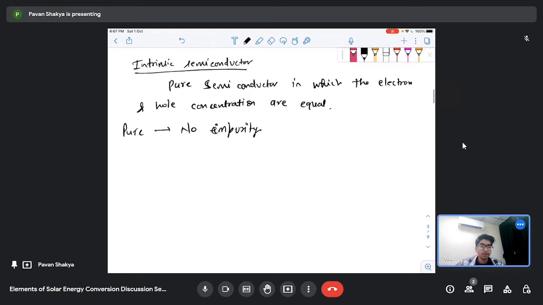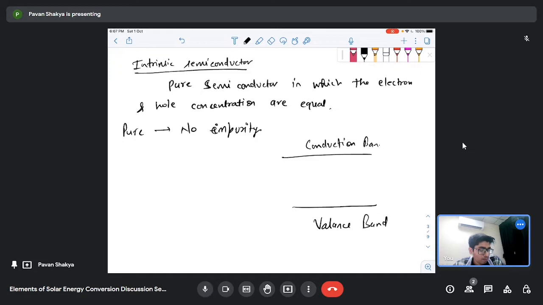So first let me draw a band diagram. Suppose this one is our valence band and this one is our conduction band, and in between there will be the Fermi level.